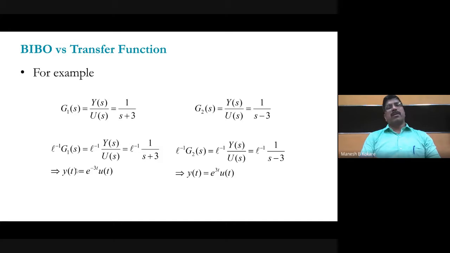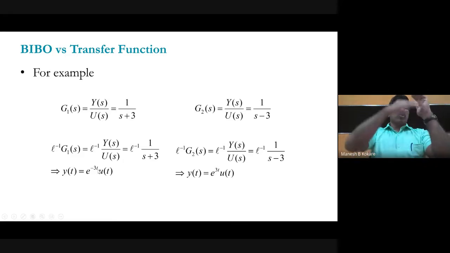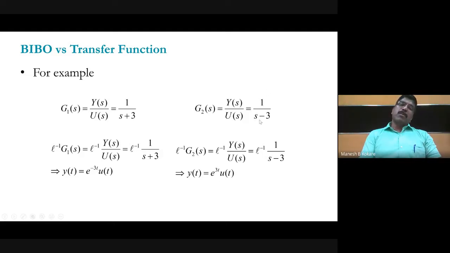Now, just for your understanding, the response of your system 1 upon s plus 3 will be e raised to minus 3t. If you put various values of t ranging from 0 to infinity, in the absence of input, your output will reach 0. But if it is s minus 3, then the response is e raised to 3t. In the absence of input, as time t goes on increasing from 0 to infinity, this value will approach infinity.